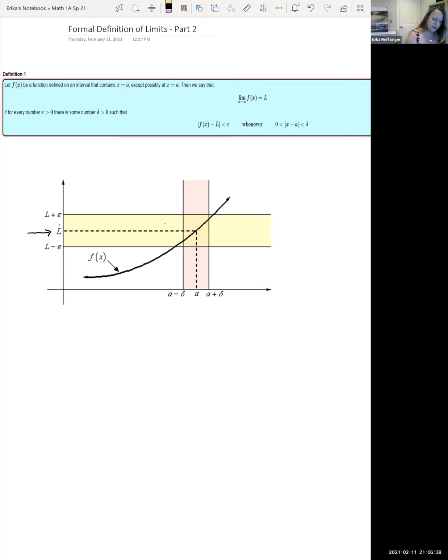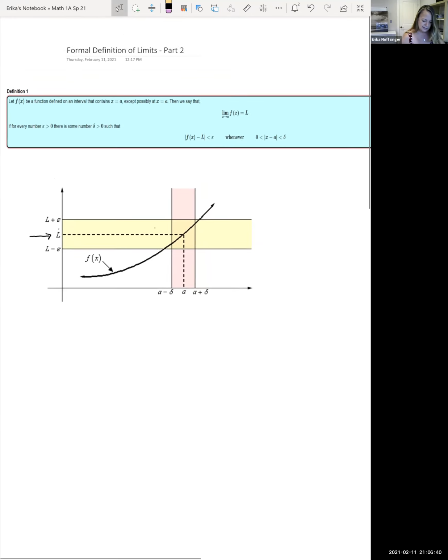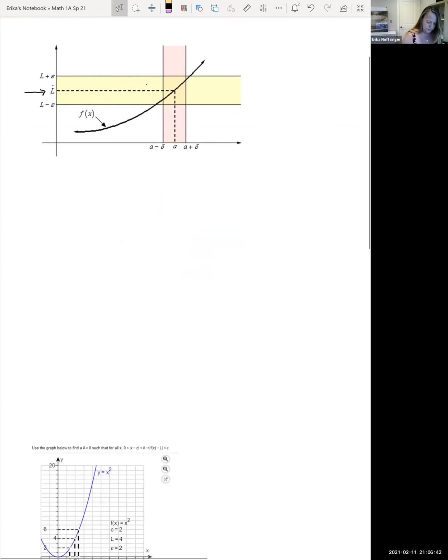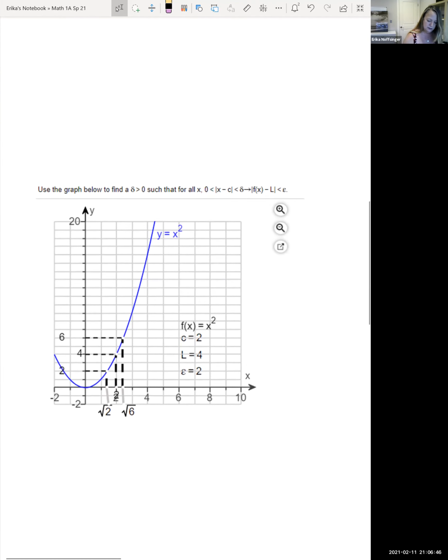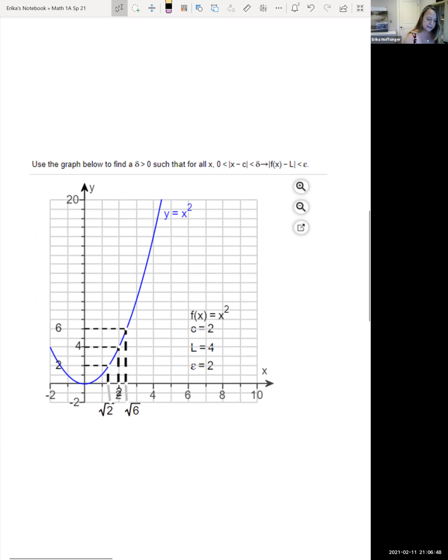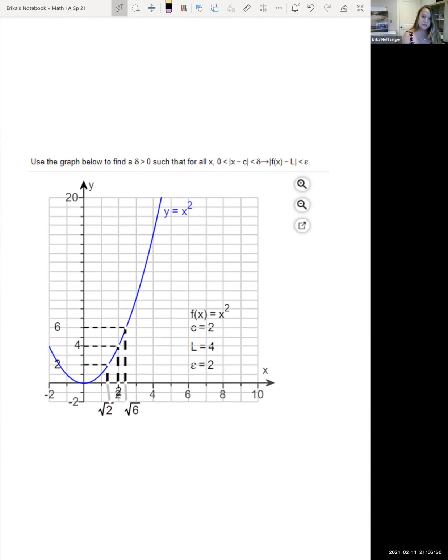Okay, let's look at an example. Here you're actually given the graph of f of x, and it wants us to find delta such that for all x, if 0 is less than the absolute value of x minus c, which is less than delta, then we know that the absolute value of f of x minus L is less than epsilon.